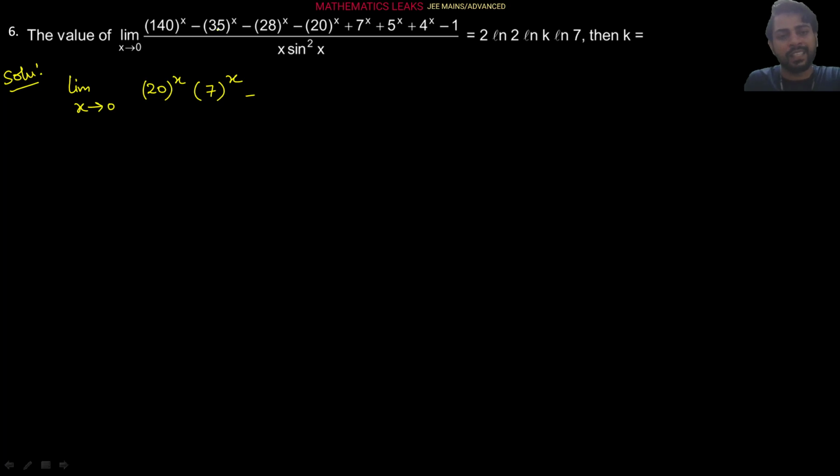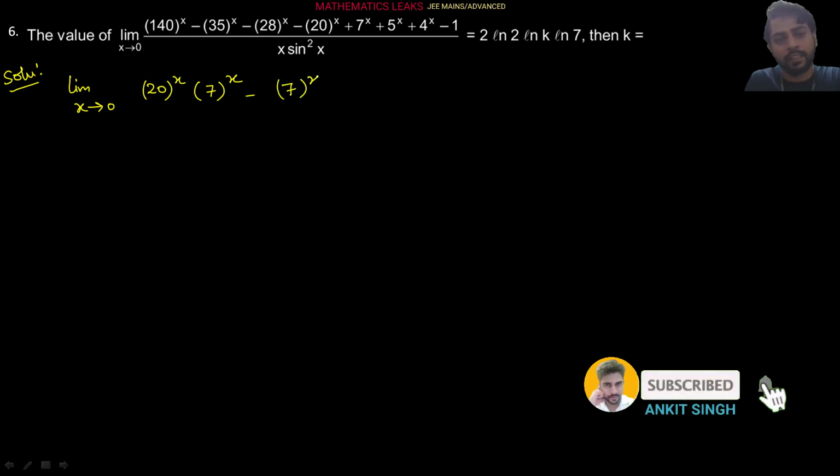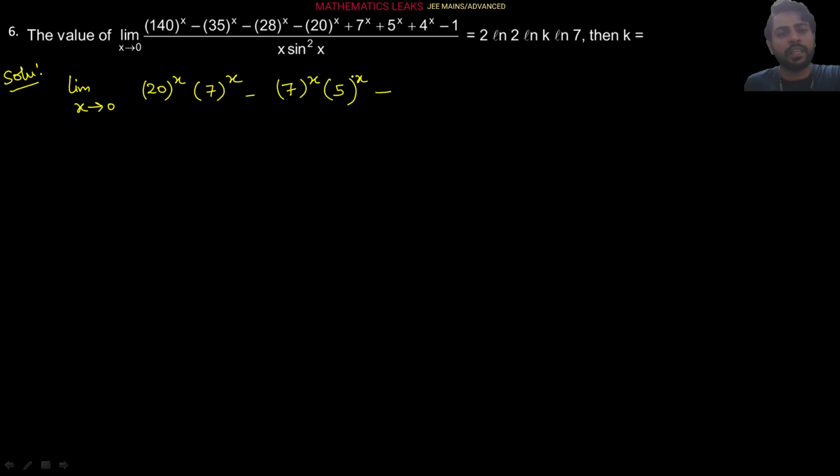Minus 35, we can write as 7 to the power x into 5 to the power x. And this 28 we can write as 7 to the power x into 4 to the power x.